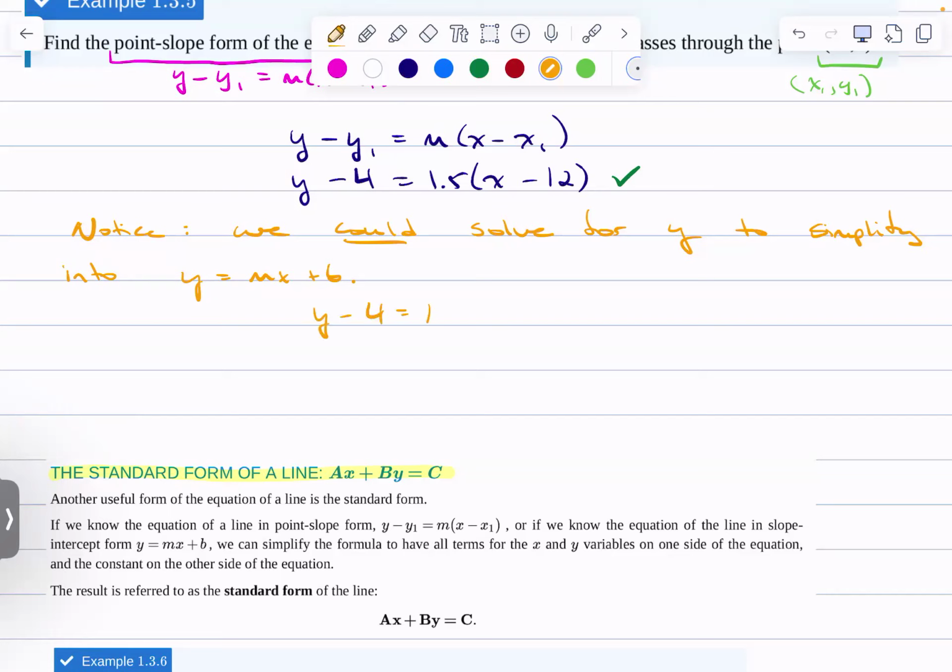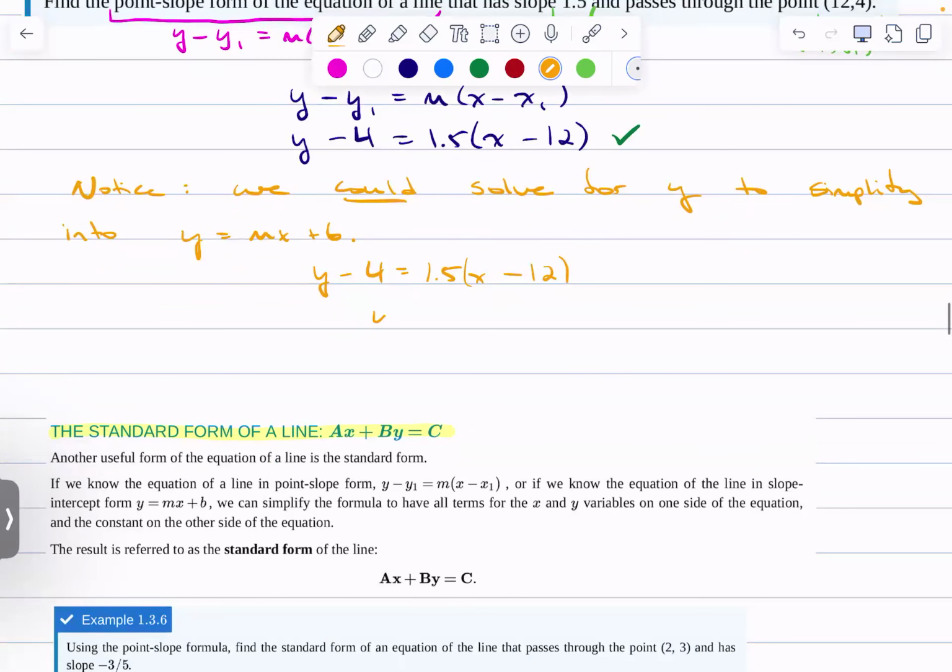Y minus 4 is 1.5 times x minus 12. I get y is, I'm going to expand the 1.5 times x minus 12 as well as add 4 to the other side.